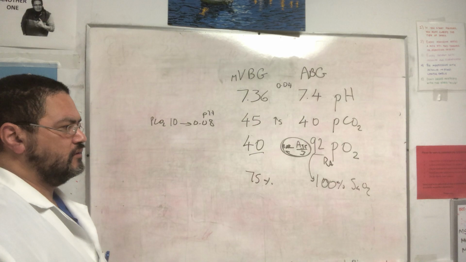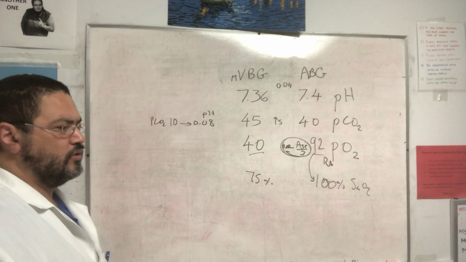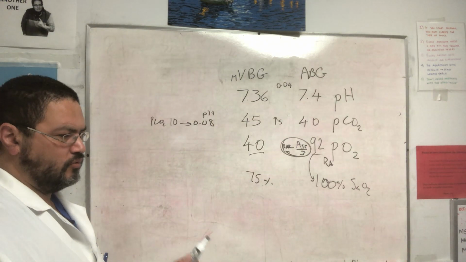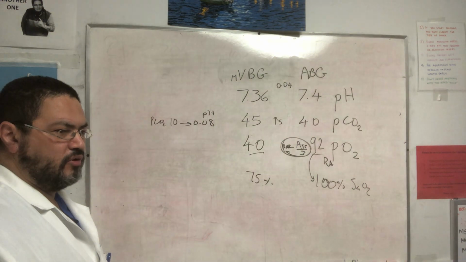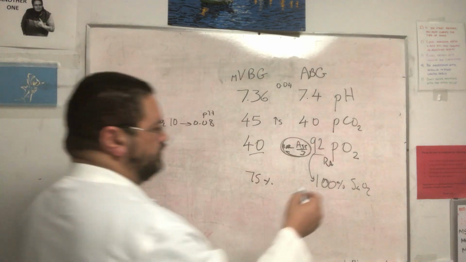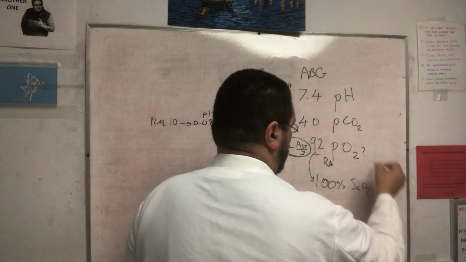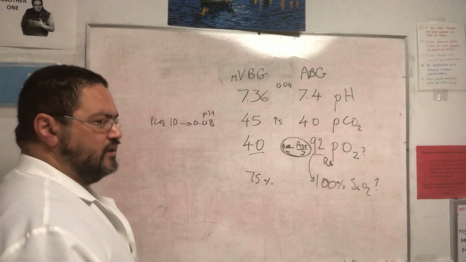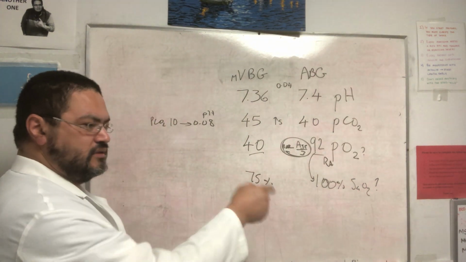Now, if you think about what's ideal, or what's more important for oxygenation in an ICU patient, is it the PO2 or the saturation? I would say it's the saturation, and not this saturation.